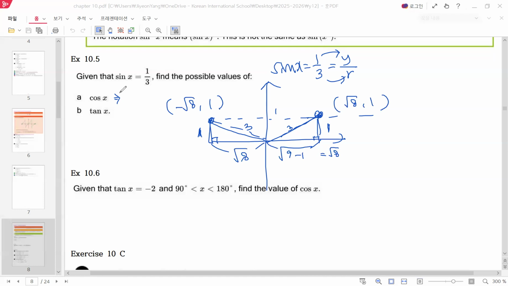Therefore, cosine x, which is defined as x over r, is square root 8 over 3, or negative square root 8 over 3. Okay? Tangent x is defined as y over x. So y over x is 1 over square root 8, or negative 1 over square root 8.